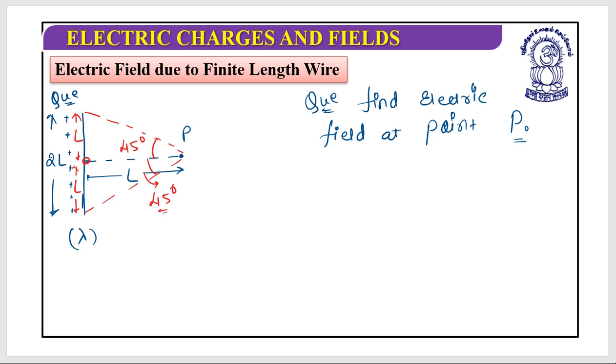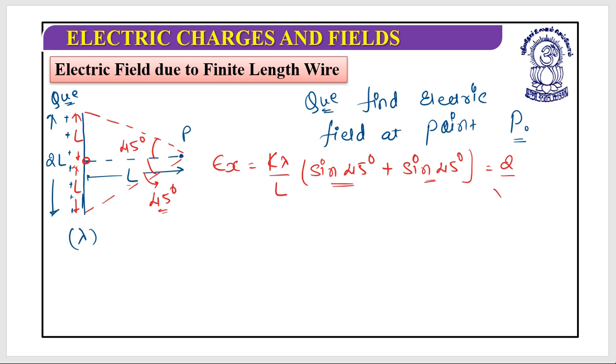Next task, I need to write down the Ex and Ey. So what is Ex? Do this in your book as well. It is k lambda by r, here r is the distance which is L, into bracket sin 45 plus sin 45. While I write sin 45, it is 1 by root 2 plus 1 by root 2, that comes to 2 by root 2.